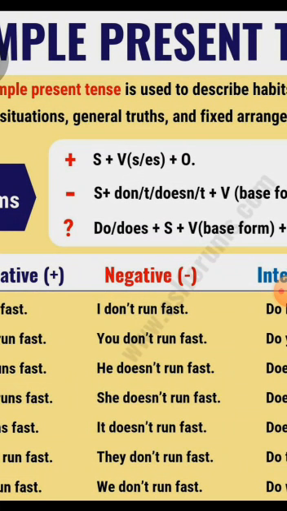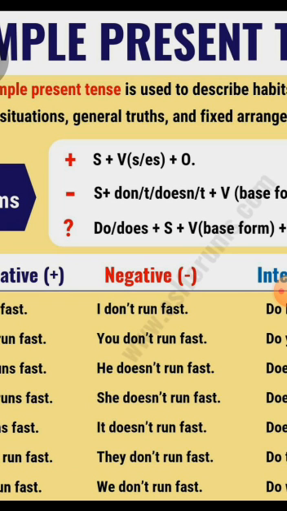Suppose Ravi plays cricket daily, I go to office daily, Seema cooks food daily. These are sentences which are telling us about our daily routine. It means these kinds of works are done every day. So there is a simple way: subject plus the first form of the verb, and object.